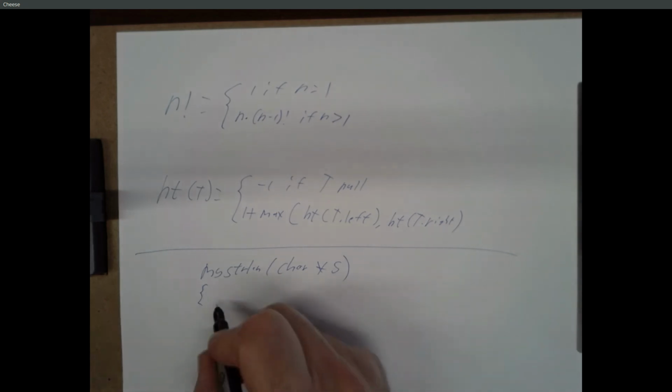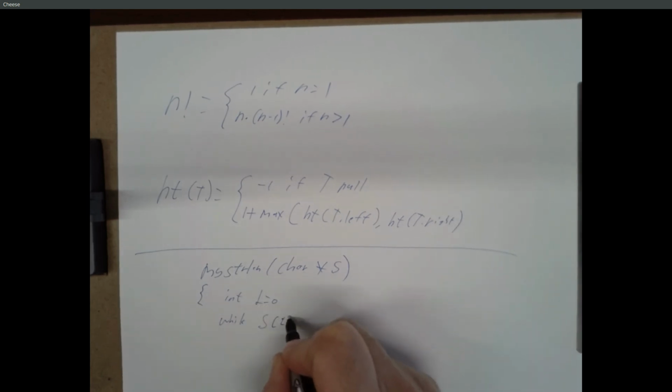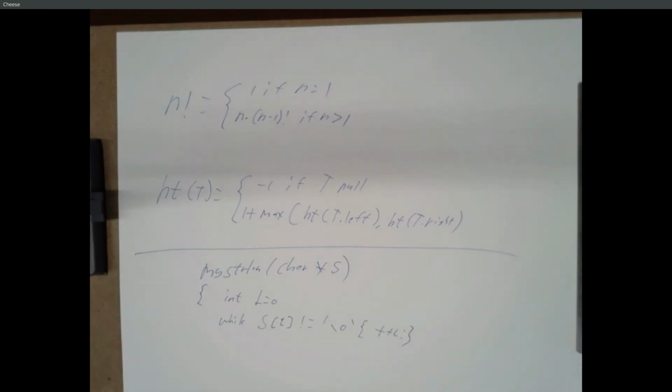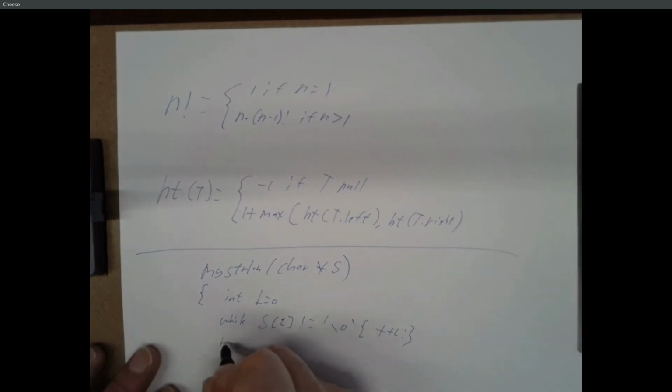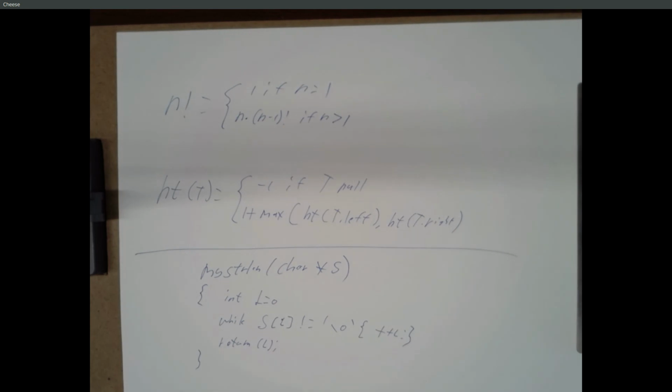Do something like: initialize L to 0, while s of L is not the null terminator, increment L. And then return L. So that's like CSE 121 type code, right? It's easier than a palindrome program. So what if we wanted to write a recursive string length function?